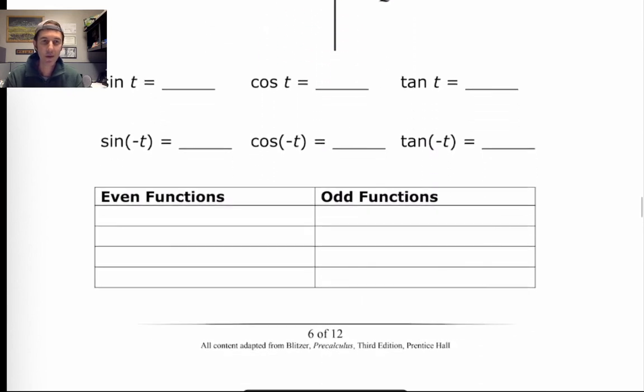Which of these functions are even functions? As far as the trig functions we've been talking about so far, the cosine function and its reciprocal function secant, S-E-C, are even functions. The odd functions are sine, its reciprocal function cosecant, the tangent function, and its reciprocal function cotan are odd functions.